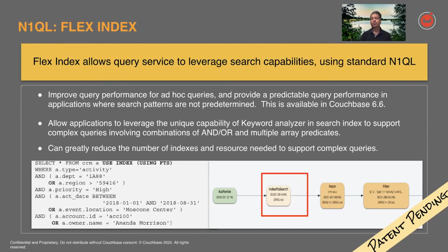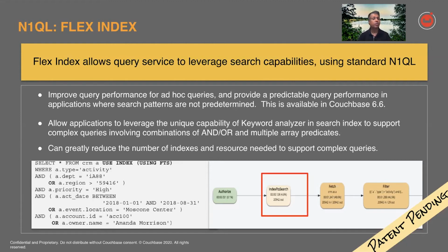So when the nature of the predicates is not predictable, the capabilities within the search index, because search stores, orders and processes the index differently, are highly suited for the cases where the patterns are not predictable. And this is a feature that we have in 6.6 itself.